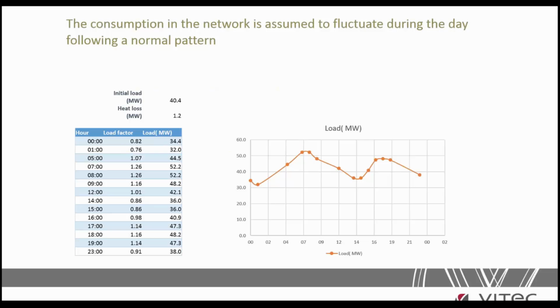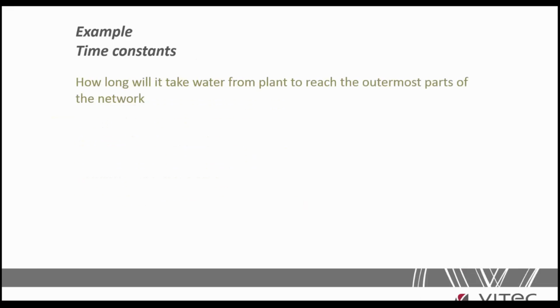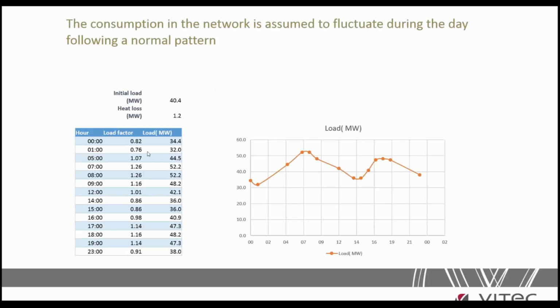And if we look at the consumption, it will fluctuate during the day in a very normal pattern like this. In the morning we have well beyond 50 megawatts, and also in the evening we have a peak, and here somewhere we have something else. So this we can simulate by putting in load factors for each hour and manipulating the load in the network.